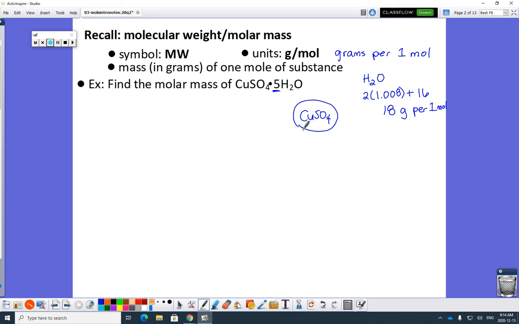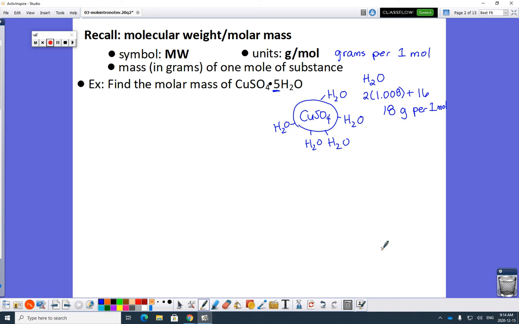So in a really simple way, you can think of it like this. One, two, three, four. Okay? This affects huge. Water is 18.